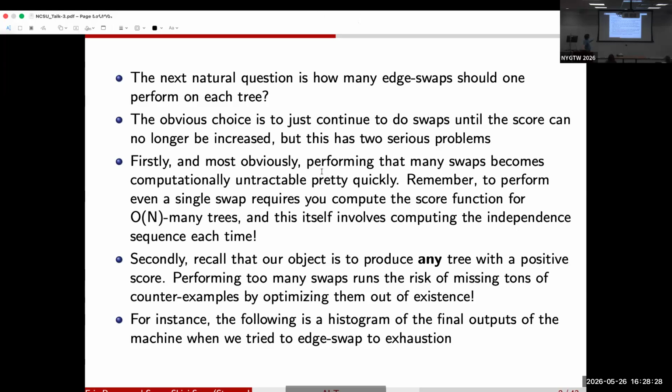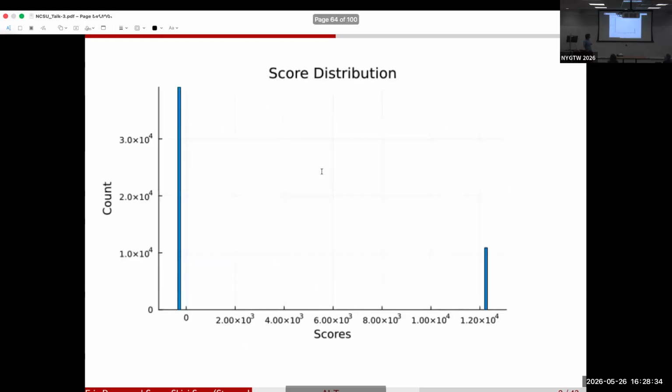For instance, the following is a histogram of the final outputs of the machine when we tried to edge swap to exhaustion. So we were young and naive: optimize, go. And then we looked at the output, and here's the histogram.